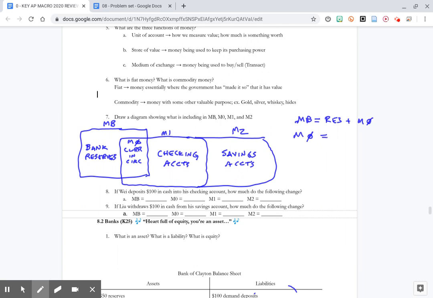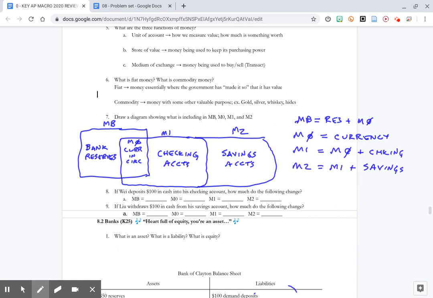M0 is equal to currency in circulation. M1 is equal to M0 plus checking. And M2 is equal to M1 plus savings.